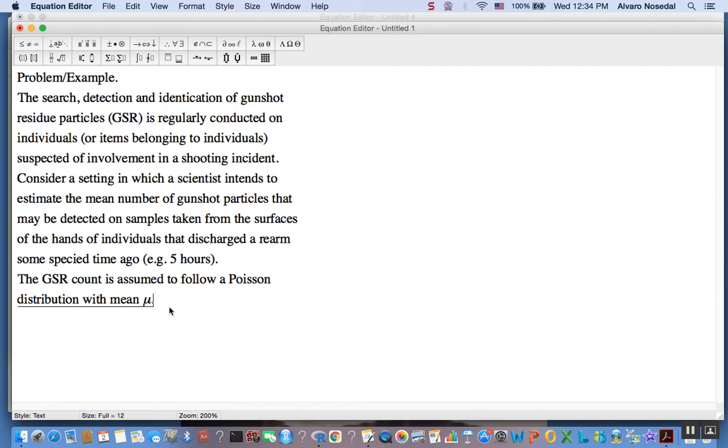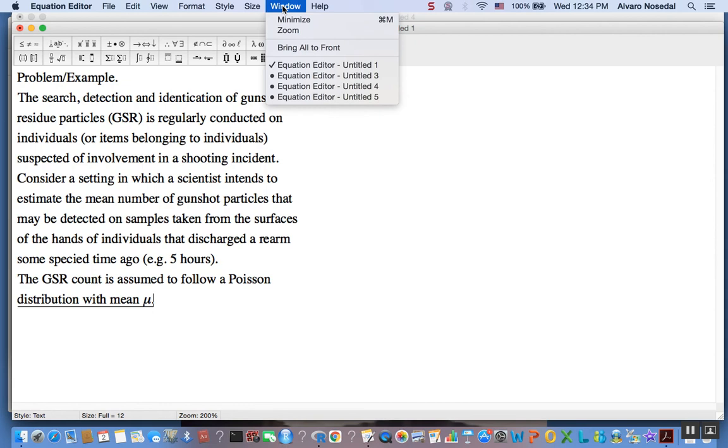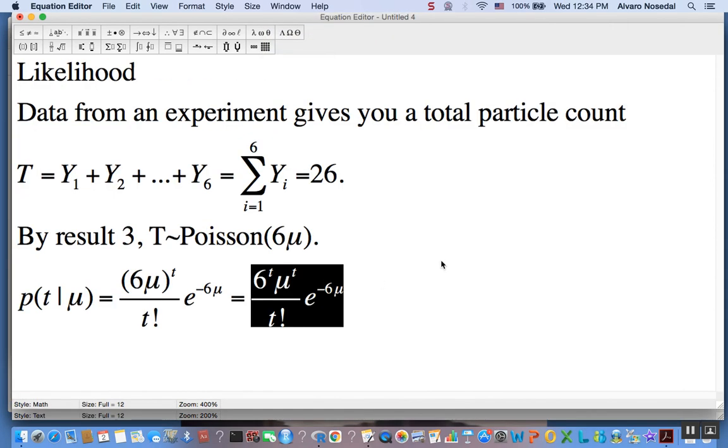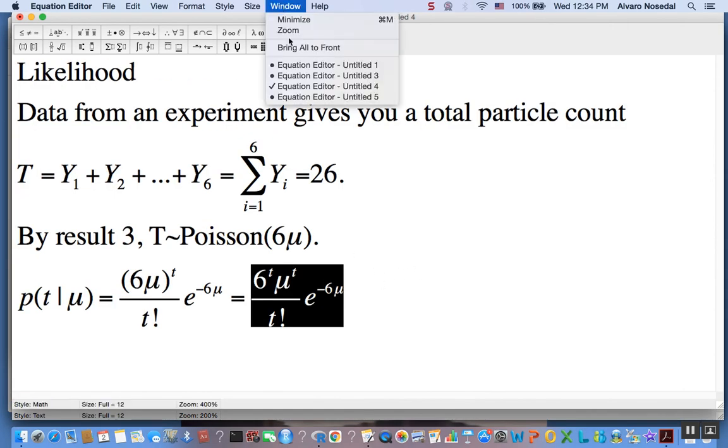So we can use those updating rules that we have talked about.